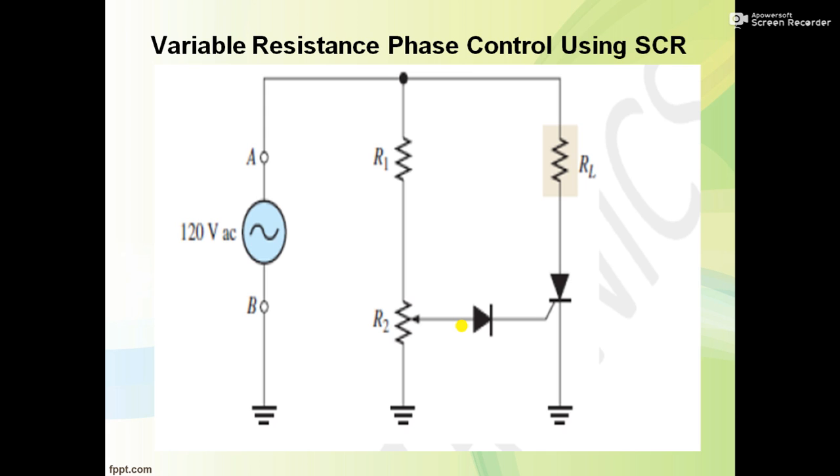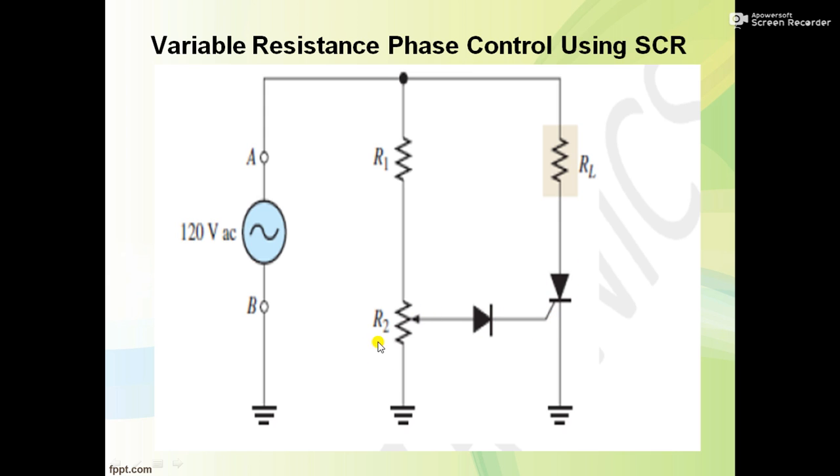So now we can say that with the help of the variable resistor we can control the phase of the AC input signal, because the potentiometer is connected to diode D1, and the negative of diode D1 is connected to the gate terminal of the SCR.